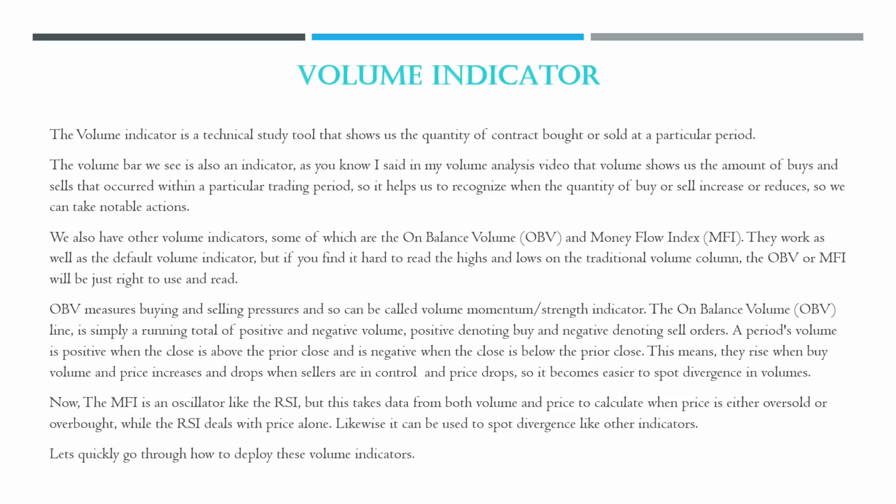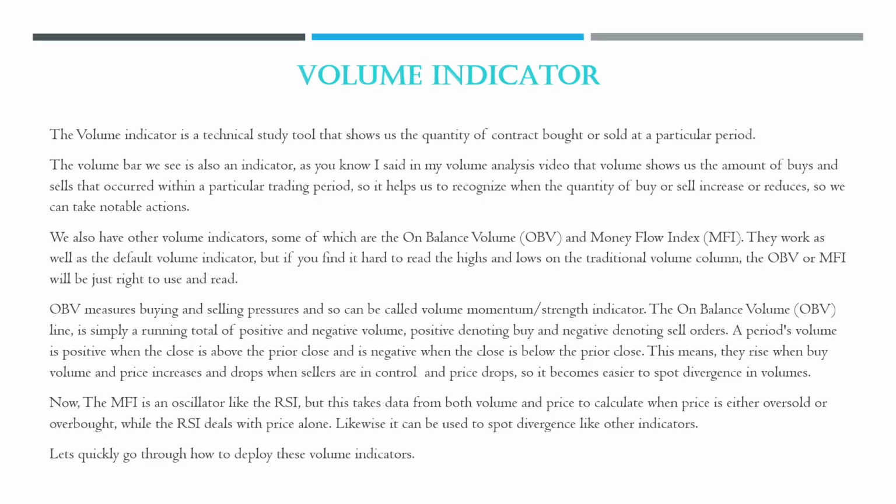A period's volume is positive when the close is above the prior close, and is negative when the close is below the prior close. What this means is on the on-balance volume, the line goes up if the price closes above the previous candle's close, and it comes down when the close of the candle is below the previous candle's close. That is what I meant by that statement.